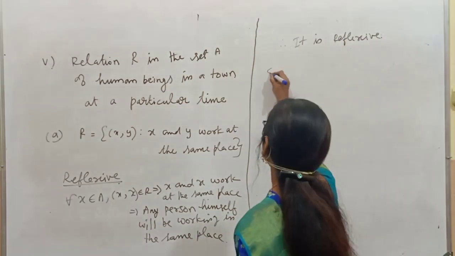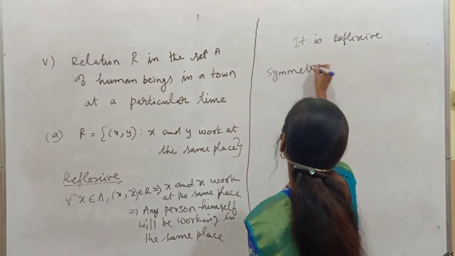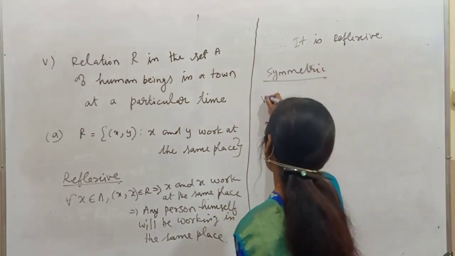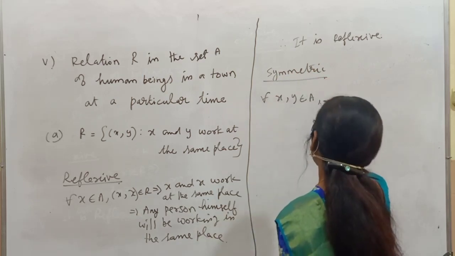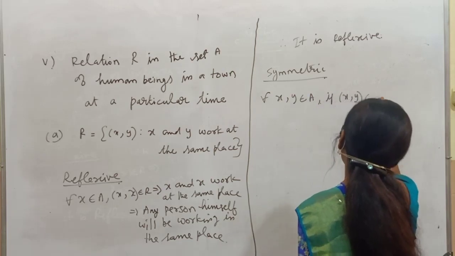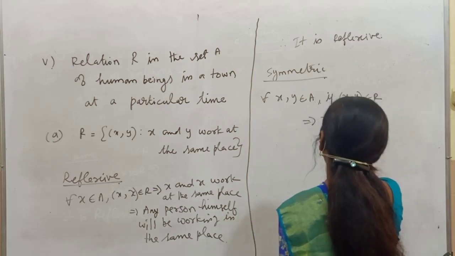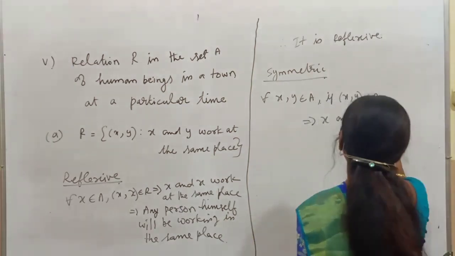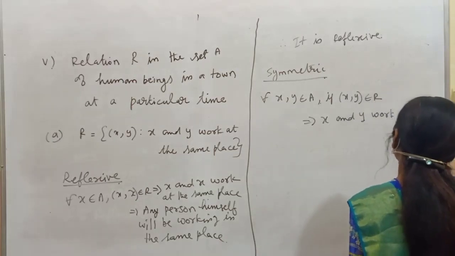And the second one, symmetric. It is just fun. For all x, y belongs to the set A, if (x, y) belongs to R, which implies x and y work at the same place.